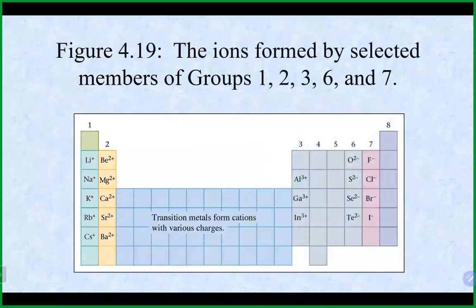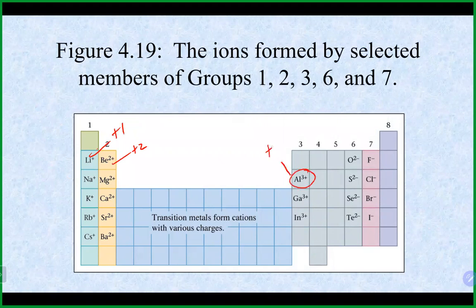Now, when things do get charges, there are certain things on the periodic table that can have sort of fixed charges. Everybody in group 1 has a +1 charge. Everybody in group 2 has a +2 charge. Really, aluminum here has a +3 charge. And then we kind of skip group 4 as the semi-metals come down through there.